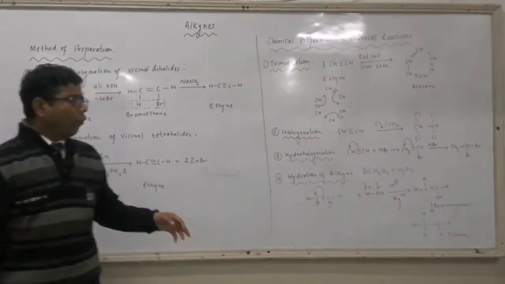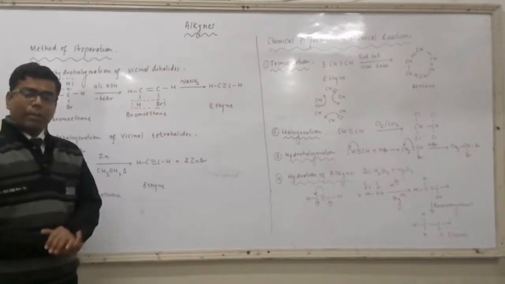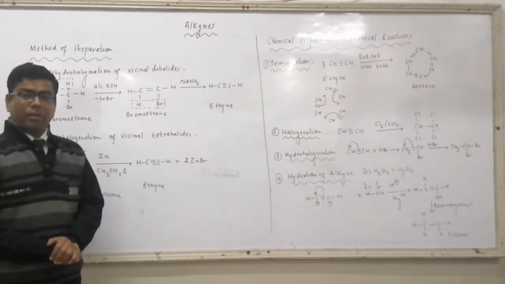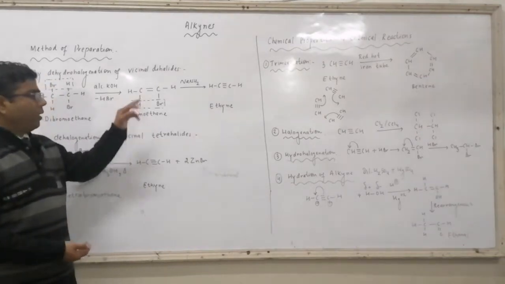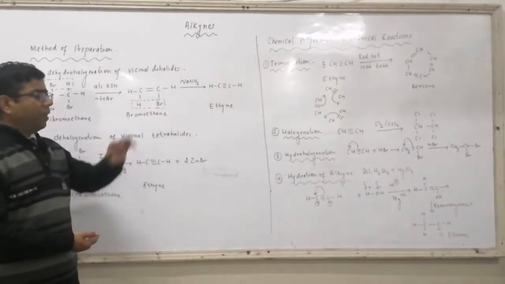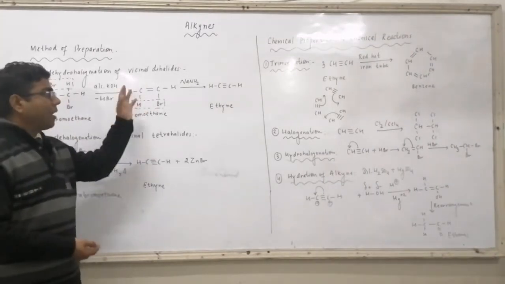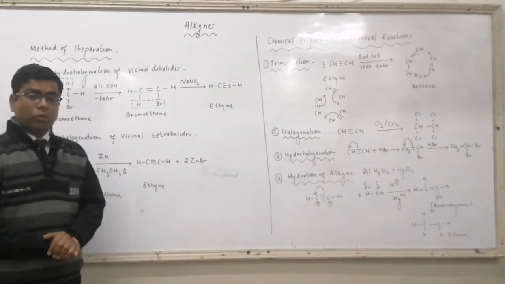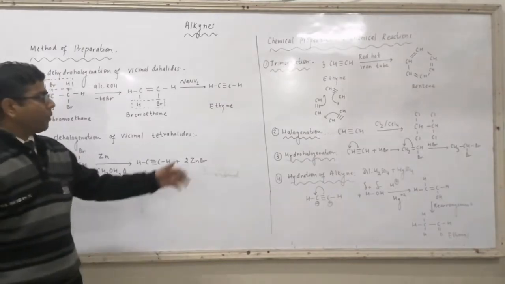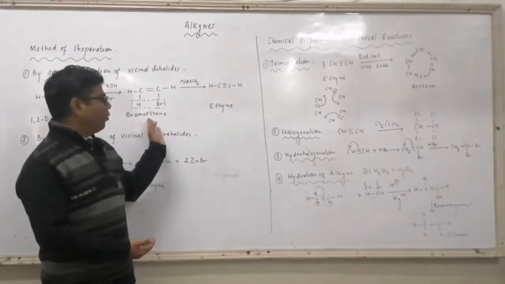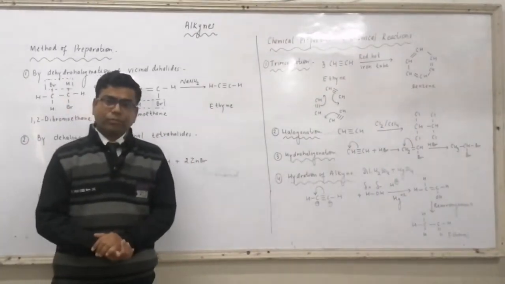So sodamide will remove the HBr molecule, that is dehydrobromination. When H is removed from here and Br from here, definitely a one bond deficiency is created over both the carbon atoms. So to satisfy this bond deficiency, we will have a new bond between the carbon-carbon atoms. So bromoethene will be converted to ethyne.